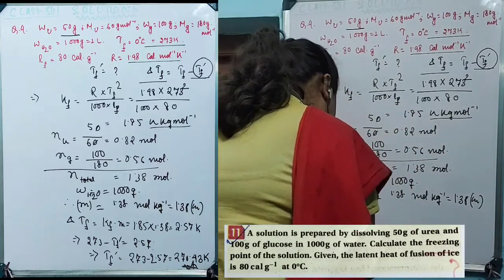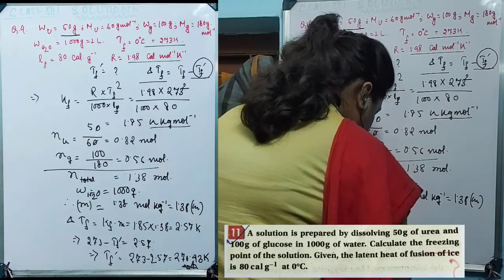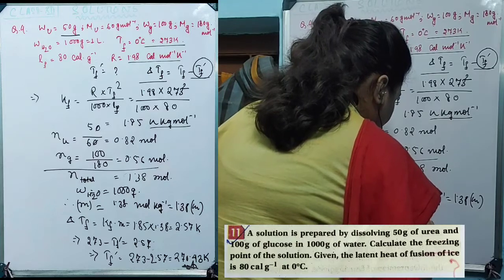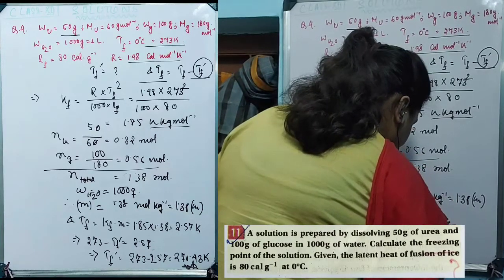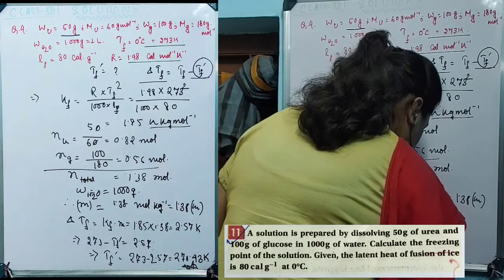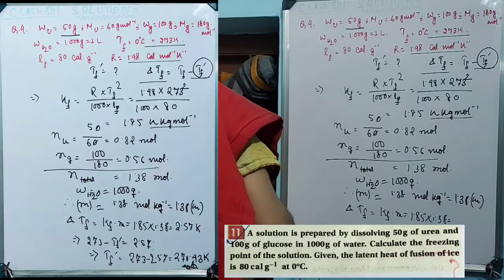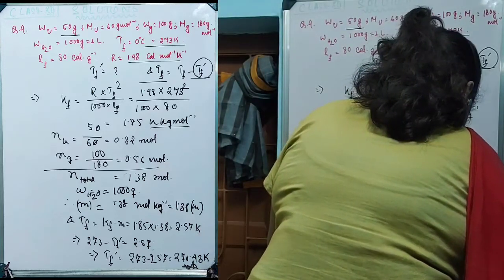Therefore, delta TF equals Kf multiplied by m, molality, which is 1.85 multiplied by 1.38, and it is found to be 2.57 Kelvin.